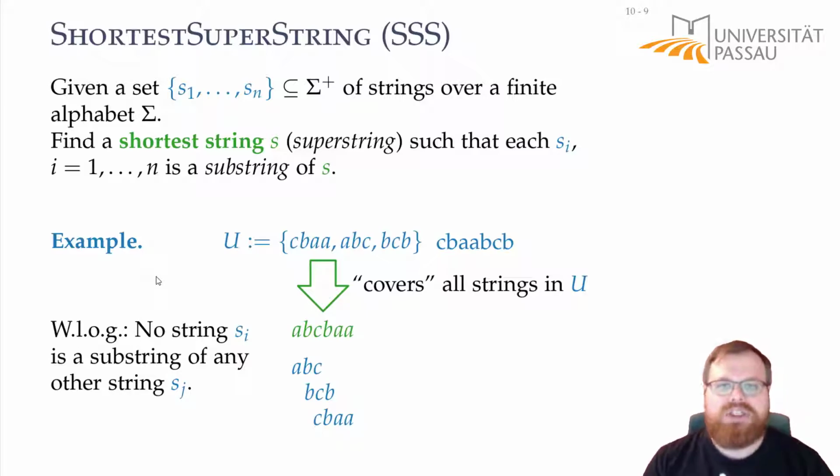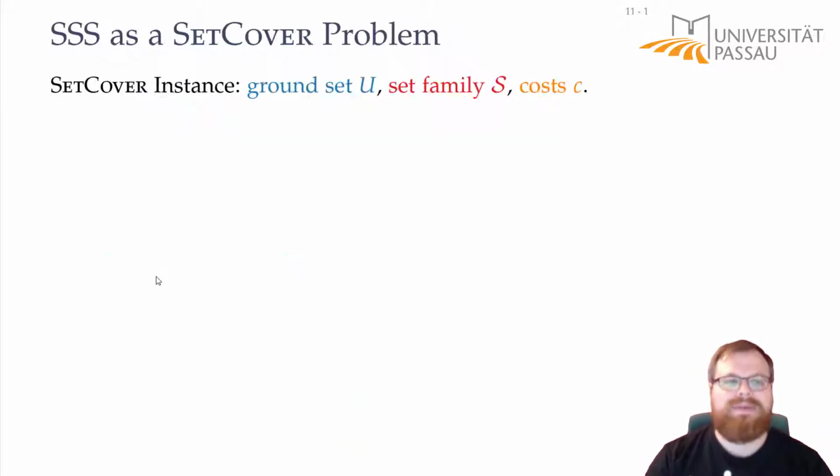This doesn't change the problem instance, it doesn't change the solution. But why did I choose to include this problem in the lecture? The reason is that there is a nice connection to set cover, and that we want to explore in the following. We can model this shortest superstring problem as a set cover problem.